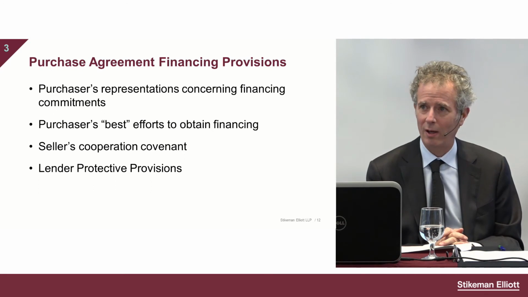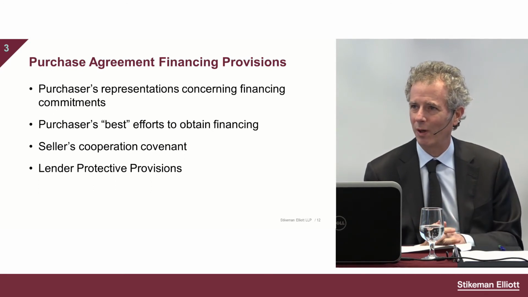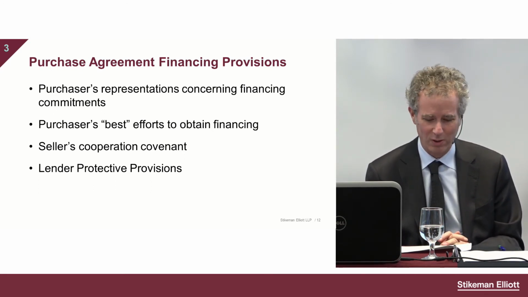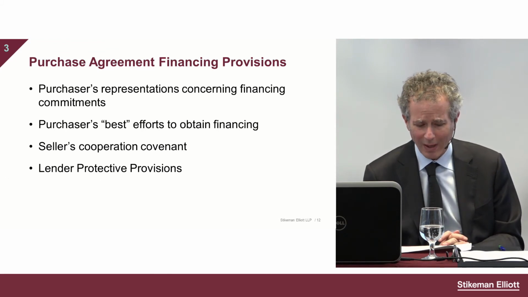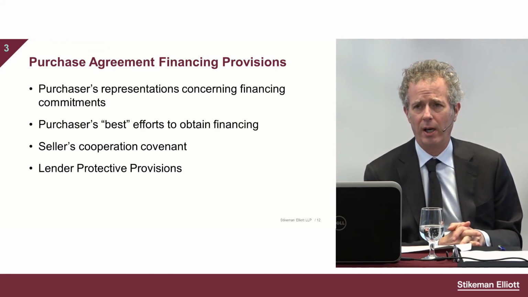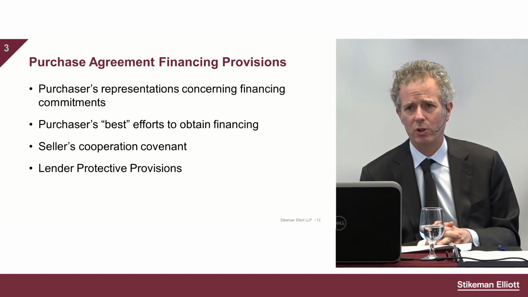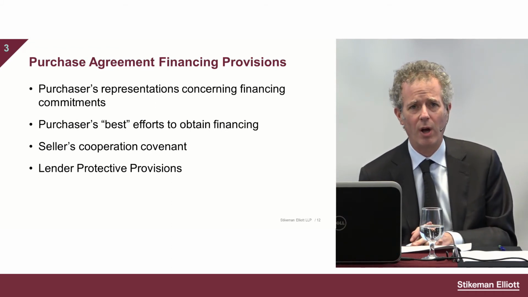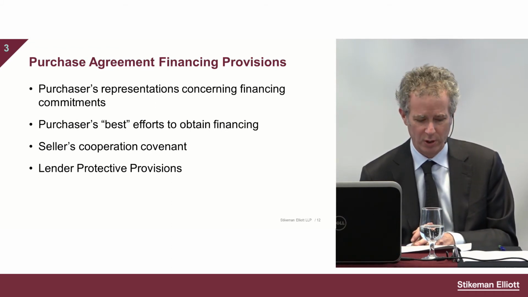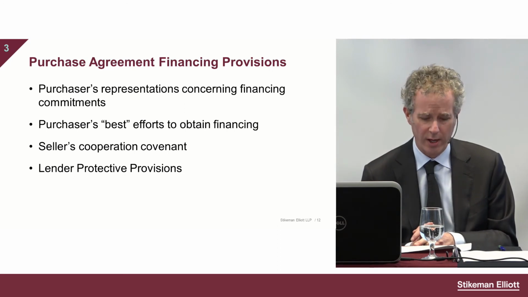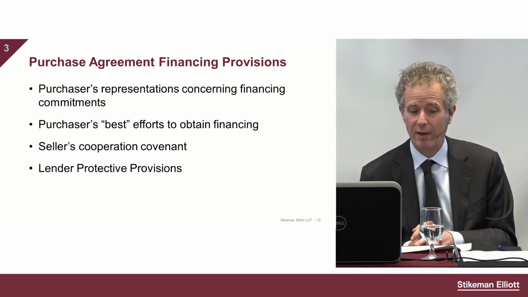Waiver of jury trial: I'm sure you've all read plenty of articles where there are outrageous jury awards, so no one wants to see that. And the lenders insist that there be a clause inserted which makes it clear that even though they are not a party to the purchase agreement, they can benefit from these provisions.